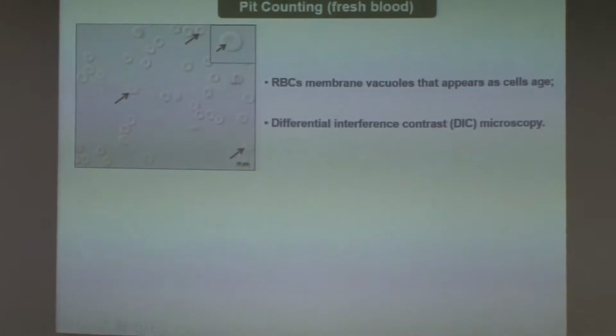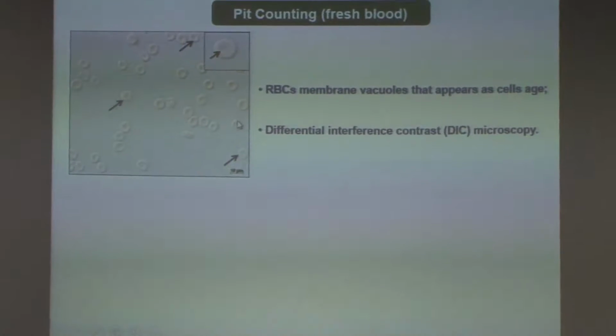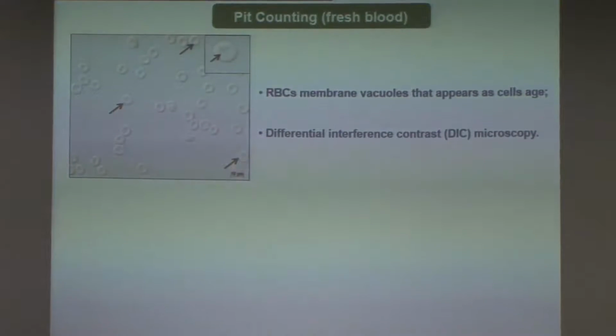If the damage is too much, the cell will be phagocytosed. So once we have many vacuoles in circulating cells, it's a sign that the spleen is not functioning well, because one of the functions of the spleen is to clear those vacuoles from the cells.